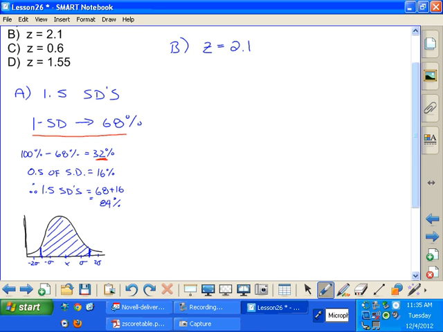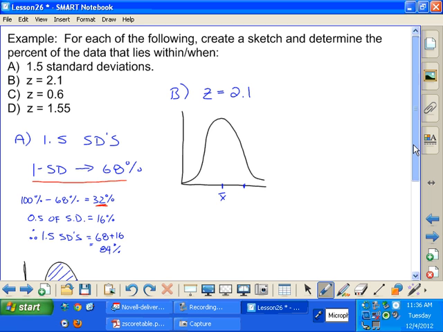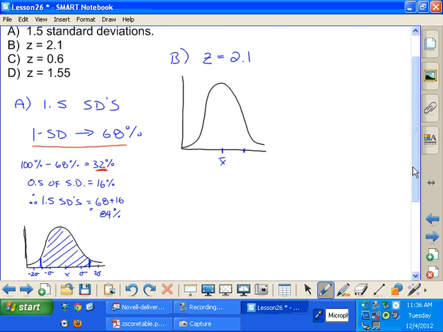With the Z score 2.1, if we start with a diagram, which I always feel more comfortable with, here's our mean, and the Z score is positive, so it's going to be a score over here somewhere, 2.1, and we want to find the percent of the data that lies within that Z score of 2.1. So we are looking for this area right here.